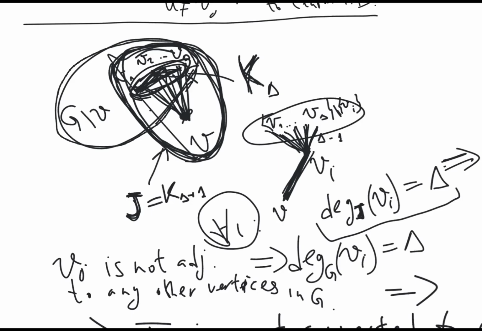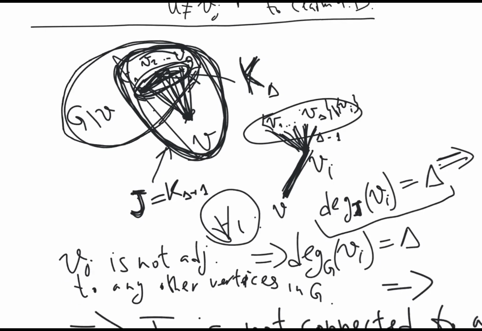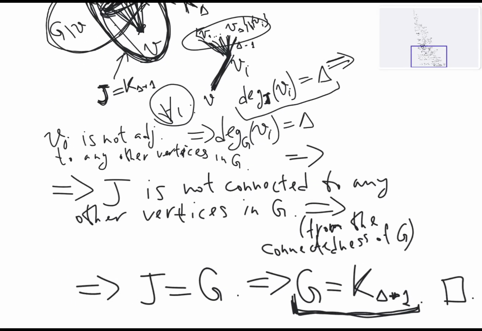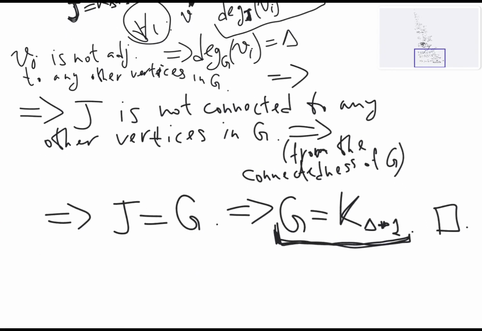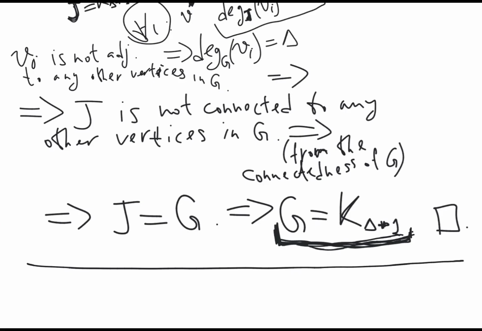From this assumption, we proved all these claims, and ultimately we proved that the graph is a complete graph. So the only case when we could not extend the coloring to this additional vertex is for a complete graph, and a complete graph is the exception. So this concludes the proof of Brooks' theorem.